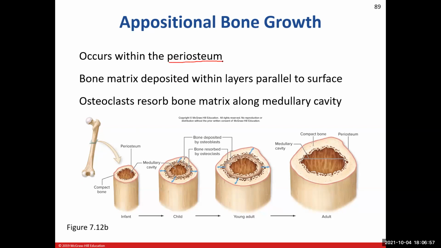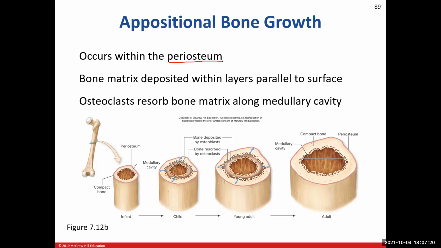Remember, our periosteum has two layers. The outer fibrous layer is made up of dense irregular connective tissue, but it's the inner cell layer that is going to have our osteoprogenitor cells, osteoblasts, and osteoclasts. These cells are going to deposit the bone matrix on the outer surface of the bone itself.